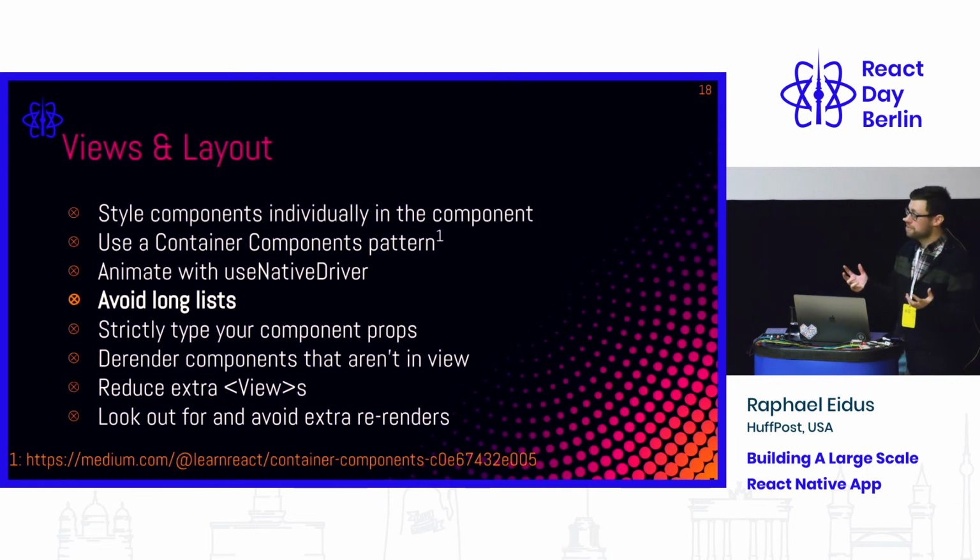Reducing extra views. Coming from a web background, wrapping something in a div basically has no cost. Browsers are great at it. In the native world, that's an extra cycle over the bridge, so that's an extra native component that has to be built.